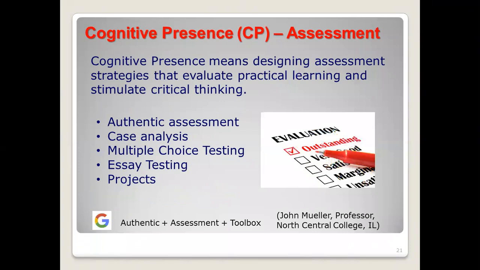So without a doubt, we've talked a lot about cognitive presence. We're sort of wrapping it up here. But we want you to think also in terms of assessment. Assessment's a major factor in how we determine cognitive presence. It's very easy to test students and ask what they know about the content, and that becomes the measure of cognitive presence.